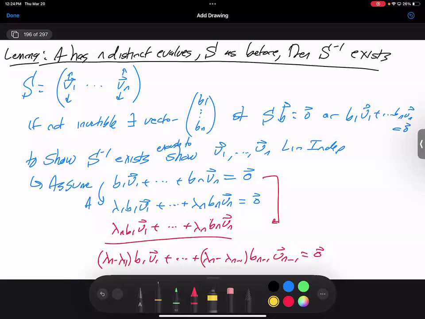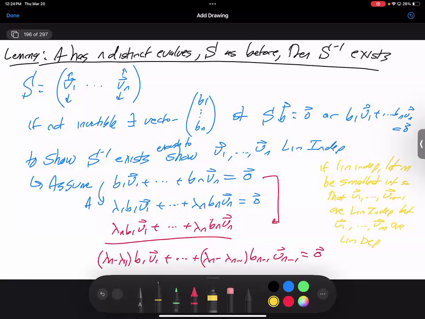So we fix this by saying, if linearly dependent, let m be the smallest integer so that v1 to vm minus 1 are linearly independent, but v1 dot dot dot vm are linearly dependent.